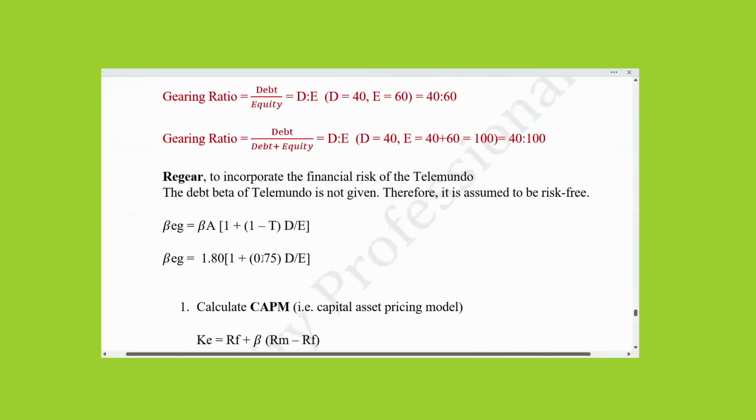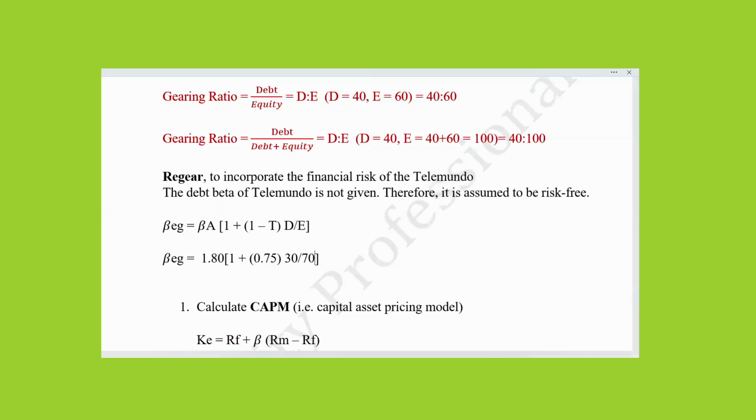So I will then come here, debt is 30, equity is 70. If in your own case you want to use total value, then debt will be 30, equity will be 30 plus 70, which is 100. So you're going to use 30 over 100.